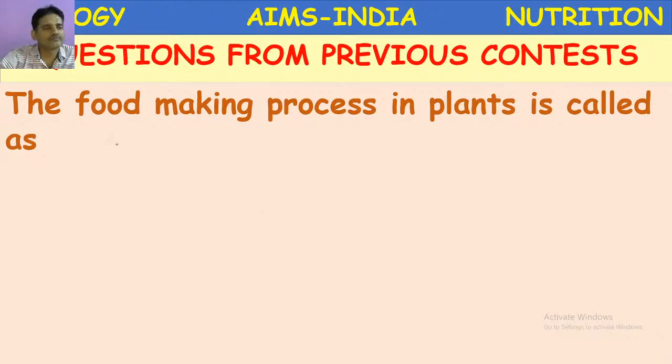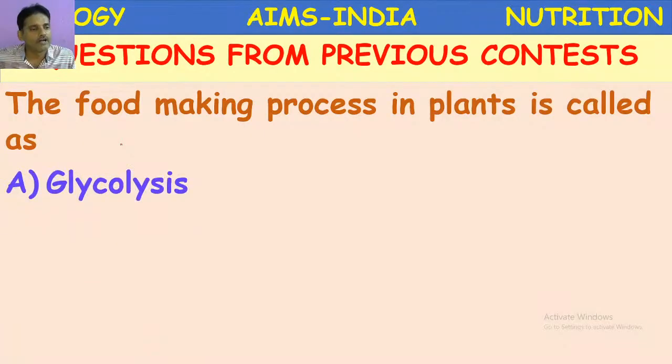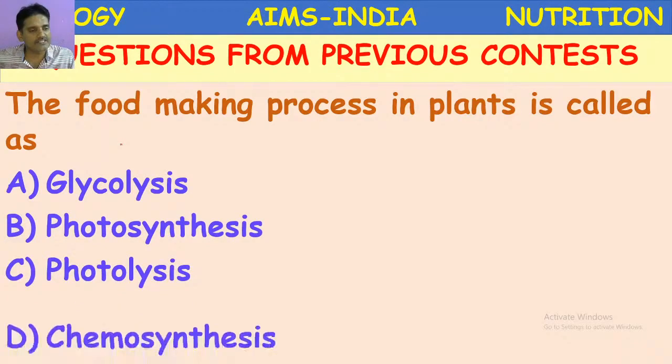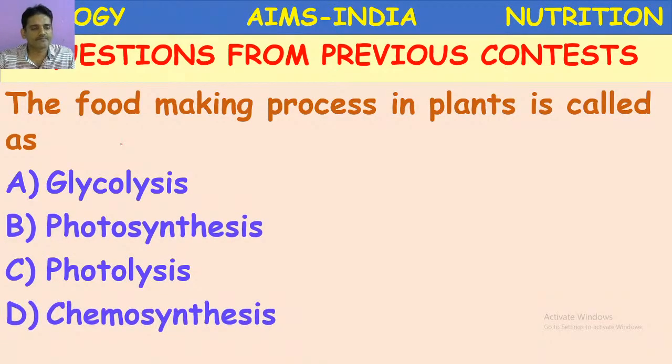The first question: the food making process in plants is called glycolysis, photosynthesis, photolysis, or chemosynthesis. Here the two closely related are photosynthesis and chemosynthesis. Please answer the question.